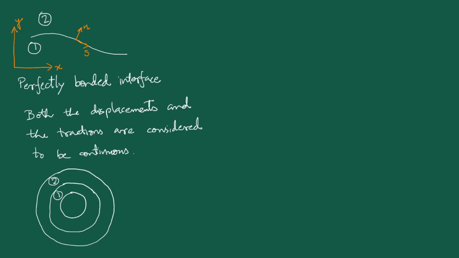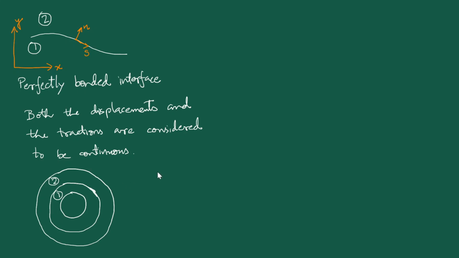Then what happens on this interface between the two? Suppose you consider that this is a very axisymmetric situation, so there is no variation along the theta direction, there's a perfect circle and so on. So basically what is done is that the radial displacement is considered to be equal, whether you're looking from this side or from that side.